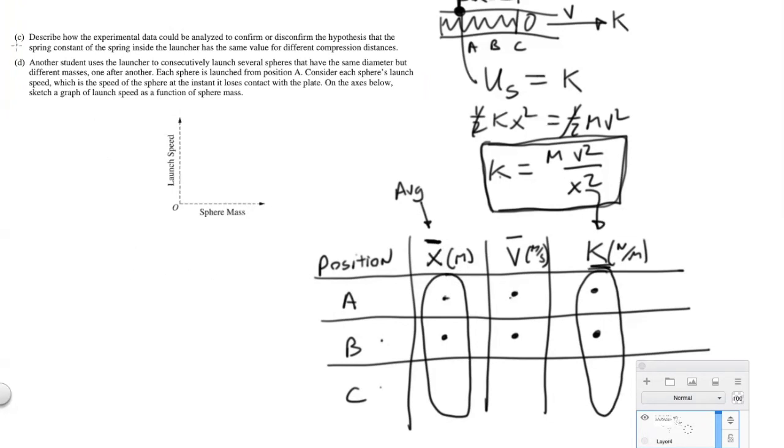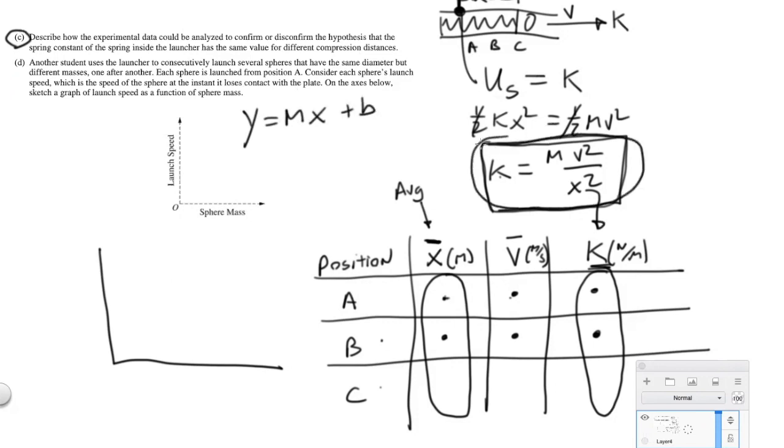You could have answered question C graphically, because in physics, a common way to analyze data is to see if the data collected can be graphed in a linear way. So the equation of a straight line is y equals mx plus b. We can take this equation that we derived and make it fit the equation of a straight line.